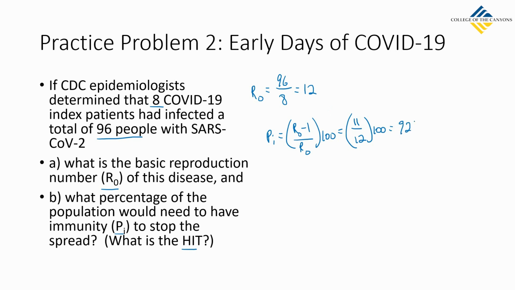So I'll just put 92%. So, this is in alignment with like Omicron, the Omicron variant. We need to achieve upwards of 90 plus percent. So 92% of the population would need to have immunity in order to achieve herd immunity and prevent the further spread of the virus.